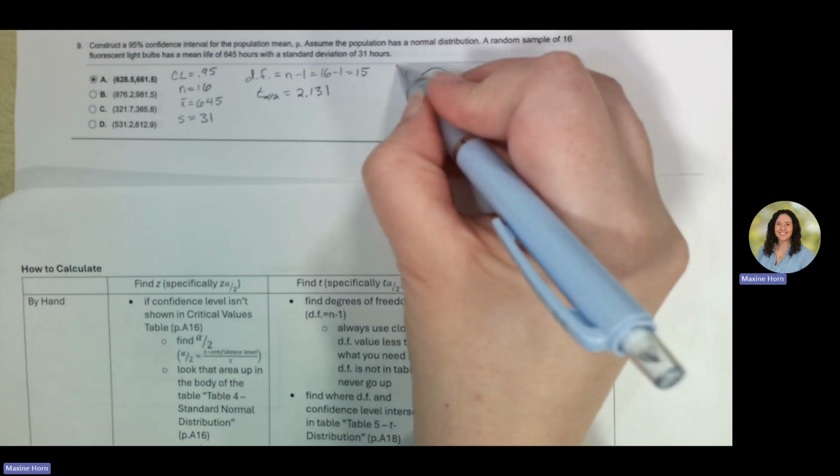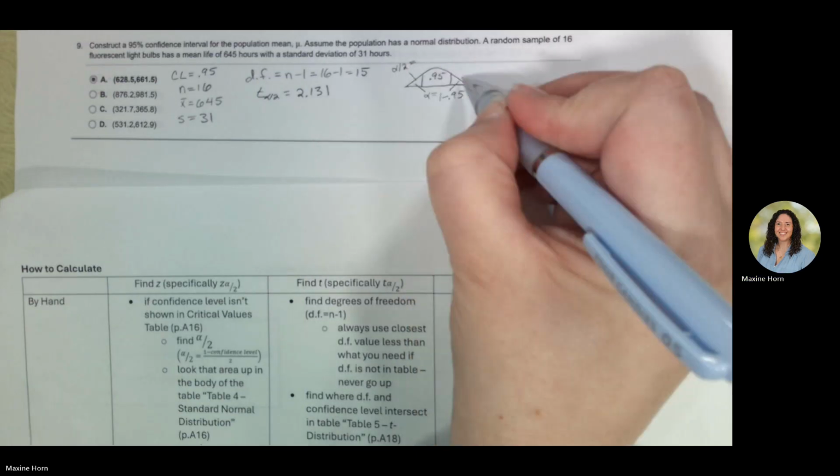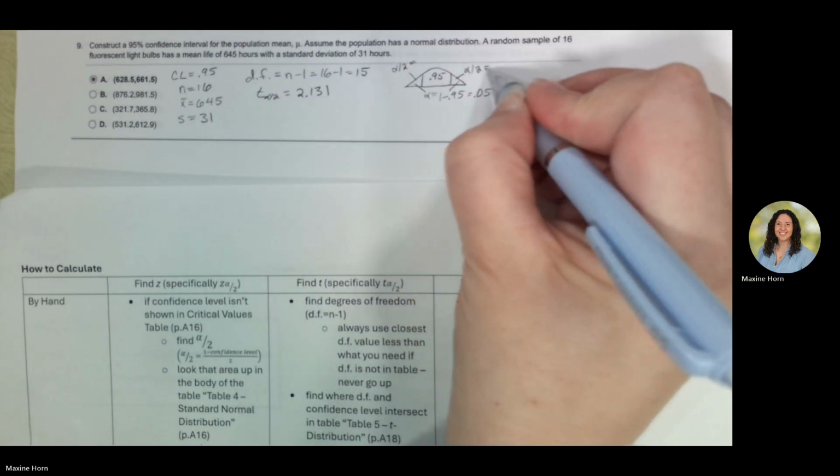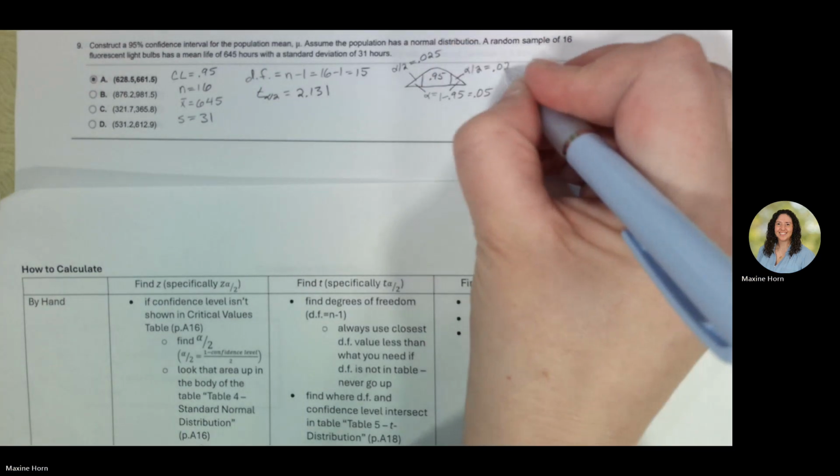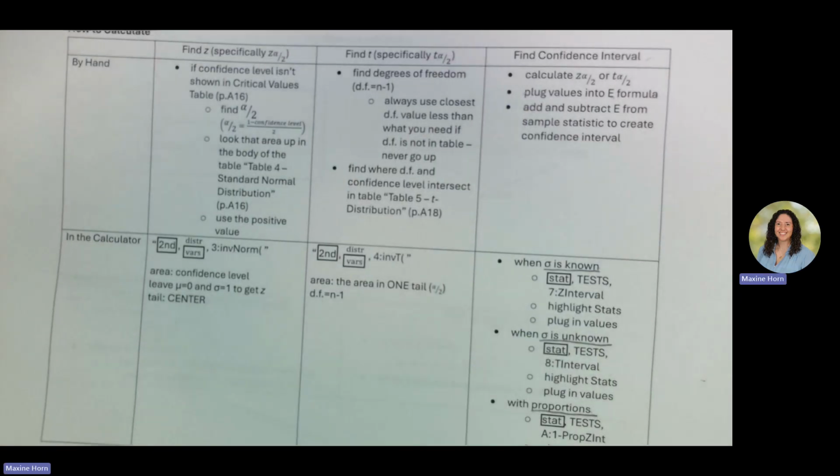So half of alpha is going to be 0.05 divided by 2, which is 0.025. Right? So now we have 0.025. That is the area in one tail.